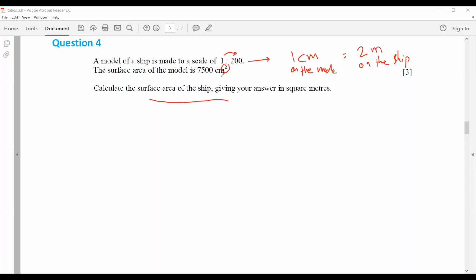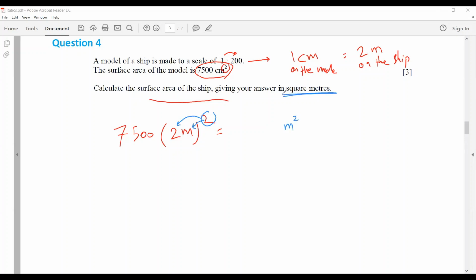Now, the model is this, 7,500, this is the size of the surface area. Instead of cm squared, I replace it with 2 meters, squared, right? So this index 2 belongs to the 2 as well as the m, so the unit would be meters squared.